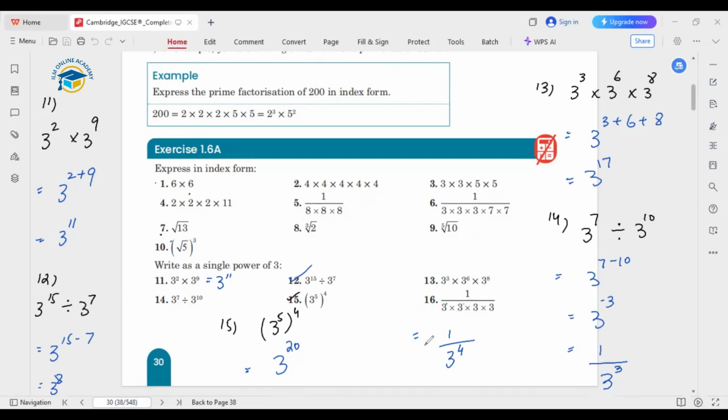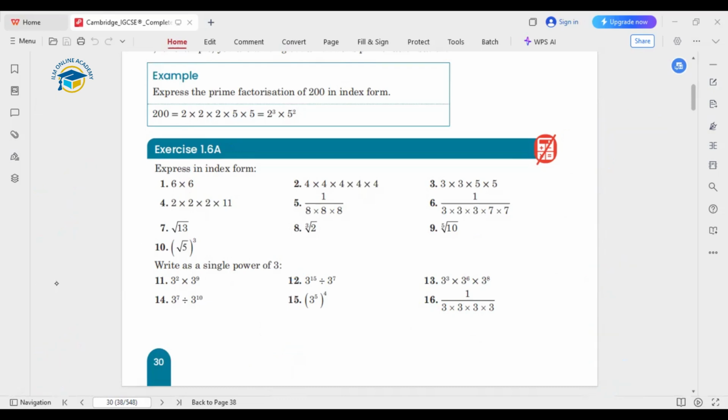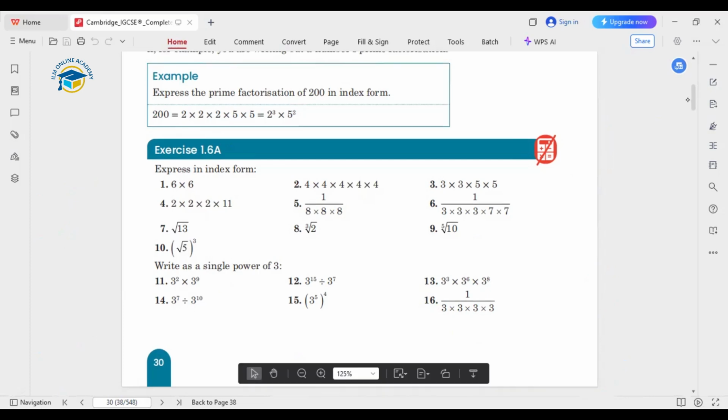In this way the rules of indices can be used, but this exercise was quite easy. Here we just need to do a very basic thing, writing the powers in the form of index, or using some simple rules to write them as a single power. This was your exercise 1.6a.